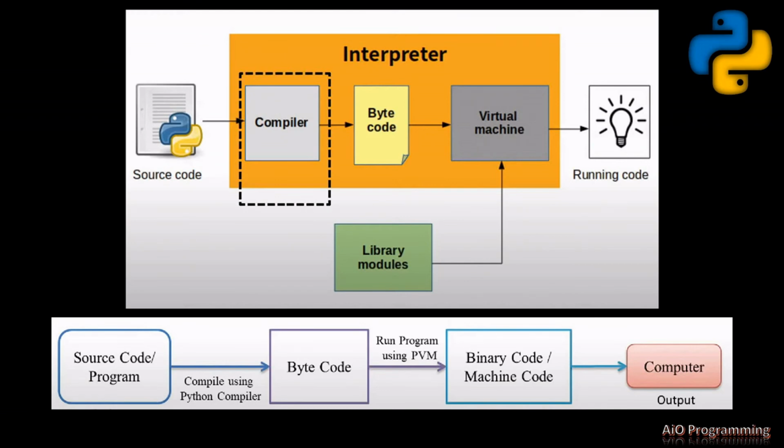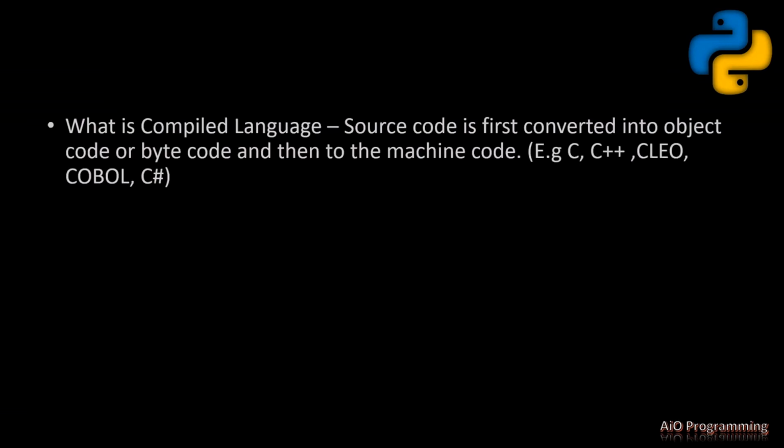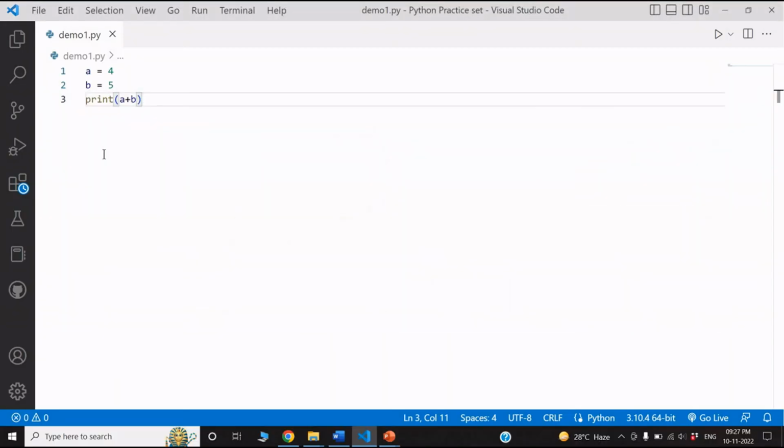As we know, friends, Python is an interpreted language. Now we will see what a compiled language is. In a compiled language, the whole source code is converted into bytecode first, and then it is converted into machine code. We can see an example here in which the compiler converts this source code into bytecode at once.